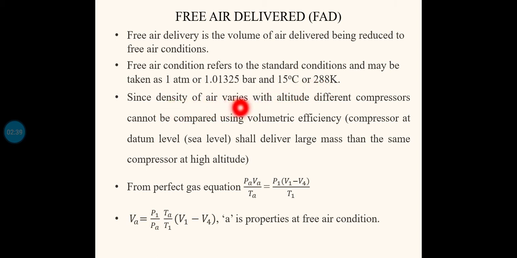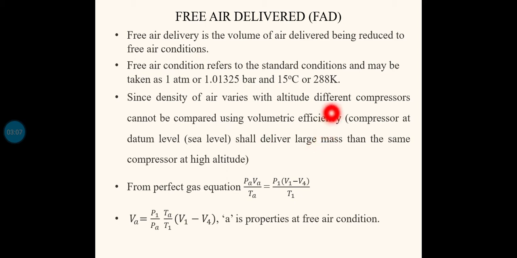Since the density of the air varies with altitude, different compressors cannot be compared using volumetric efficiency. What volumetric efficiency is, we will see in the next slide. A compressor at datum level, that is sea level, shall deliver a larger mass than the same compressor at high altitude. The reason I already told: at sea level the density of the air will be more, so more air can be sucked into the cylinder corresponding to the intake condition, and the mass handled will be more.